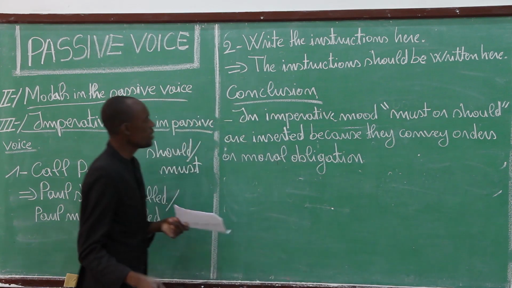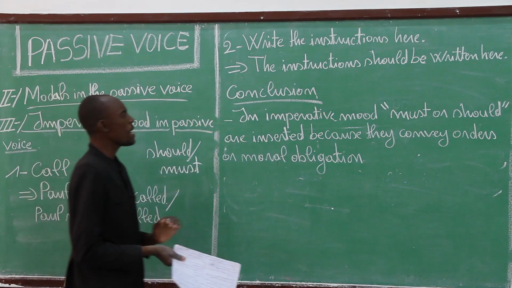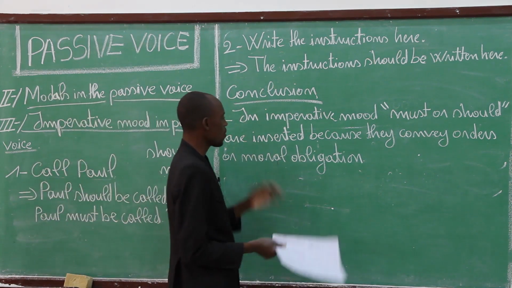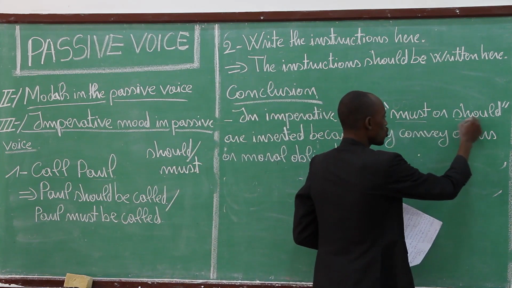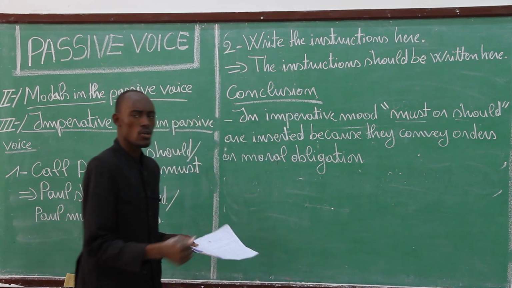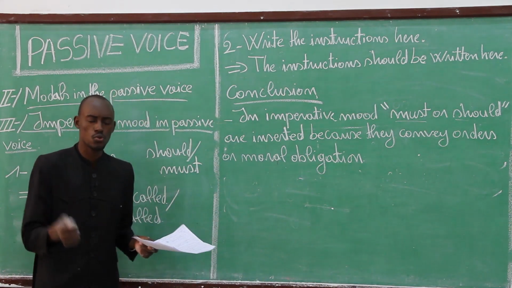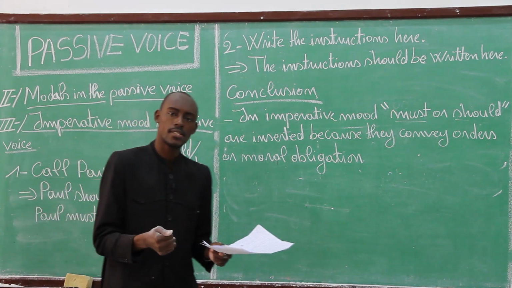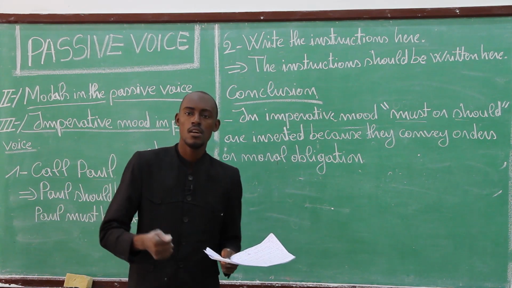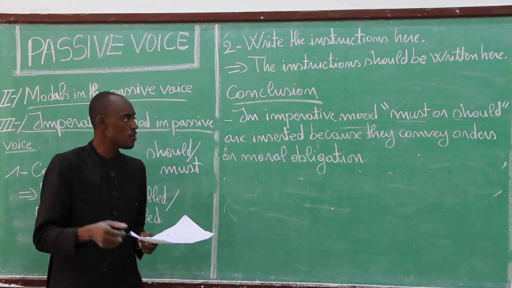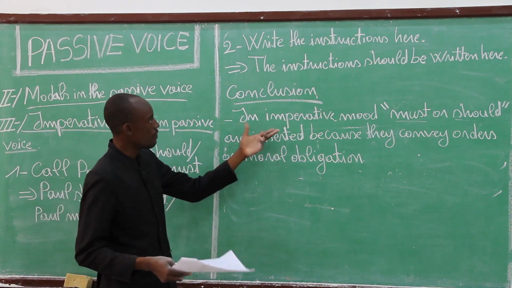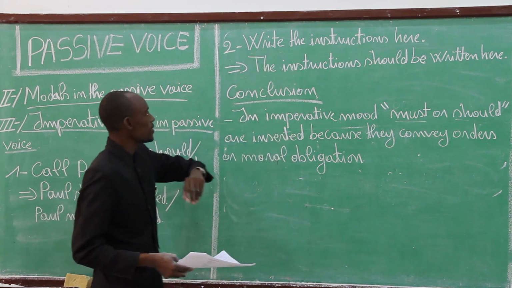Okay, now in imperative mood we must insert must and should. Why? Because must and should express or convey an obligation or an order or a moral obligation. And we have these sentences.